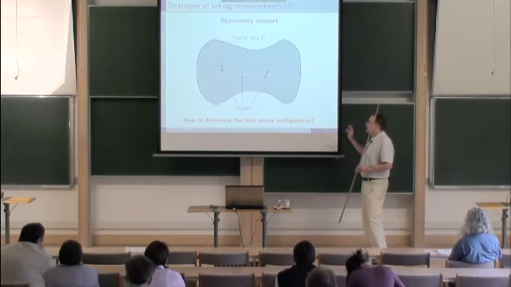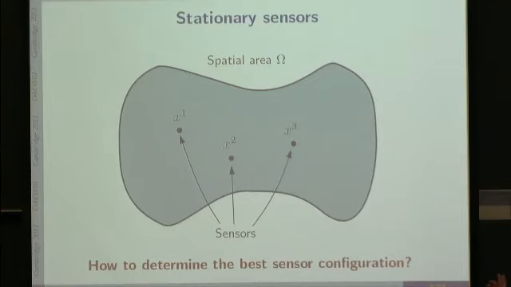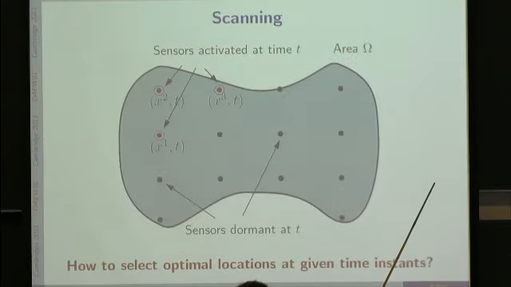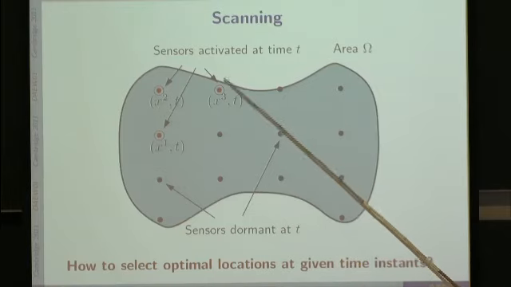But I'd like to talk about three main strategies which are omnipresent now. So first, we can use stationary sensors. The positions of these sensors are fixed in space. Then the question is how to locate them. We can use scanning. So we have a number of stationary located sensors, but at a given time moment only some of them are activated.